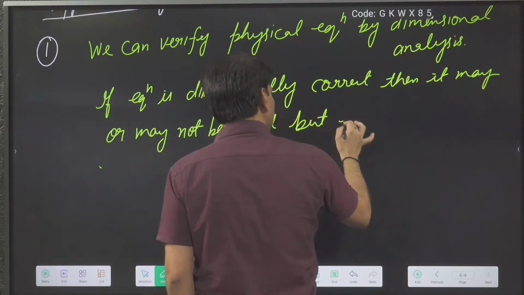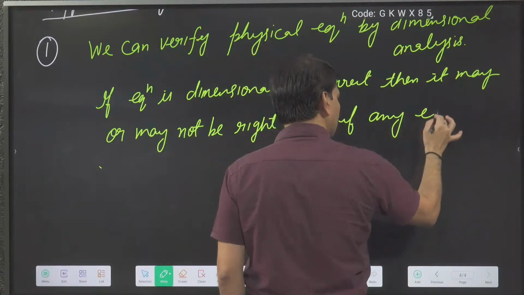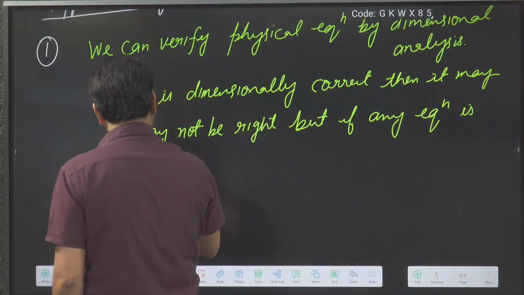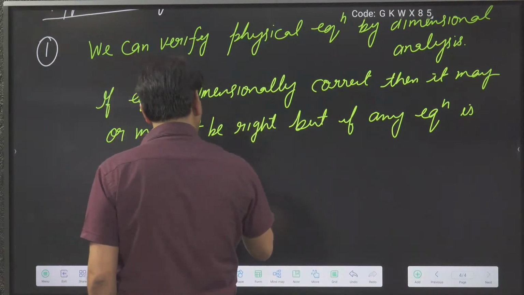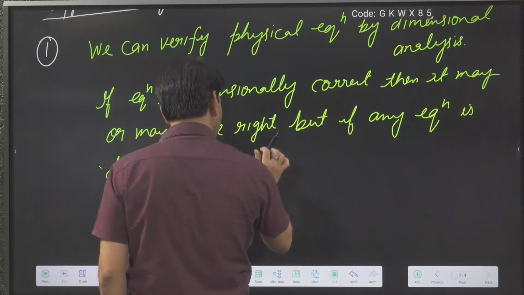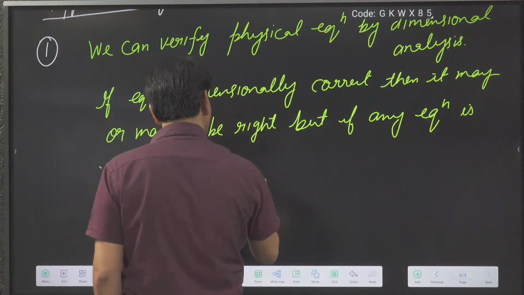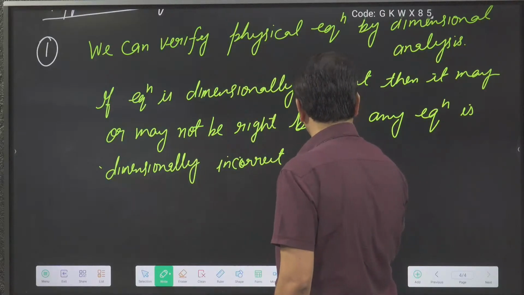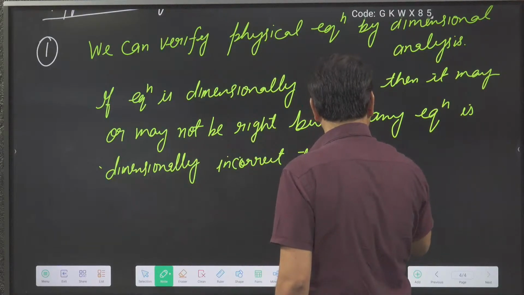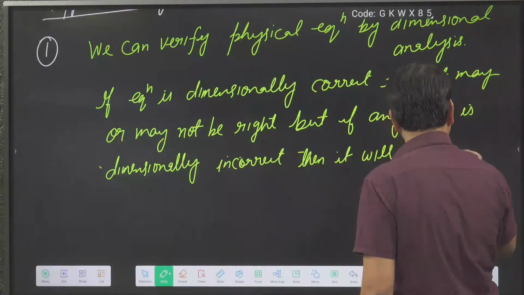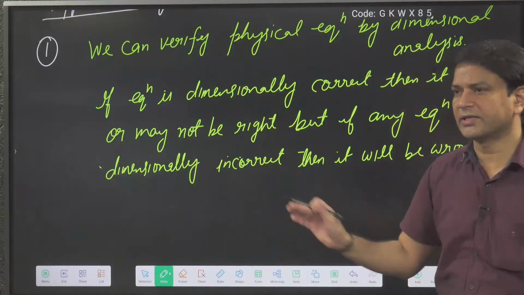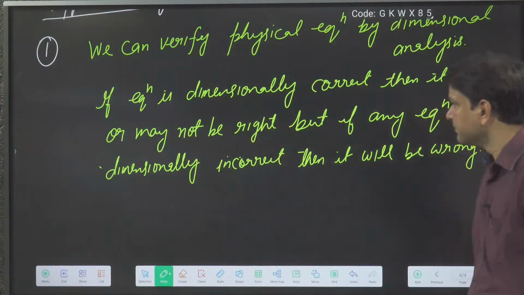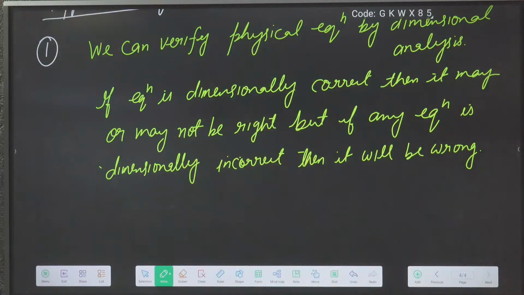But if any equation is dimensionally incorrect, then it will be wrong. If it failed the dimension test, then it is a wrong equation, we can say. Everybody got?